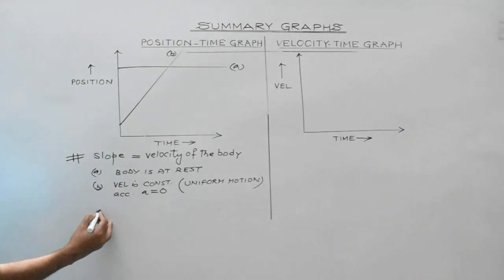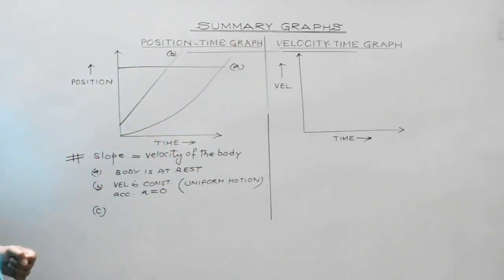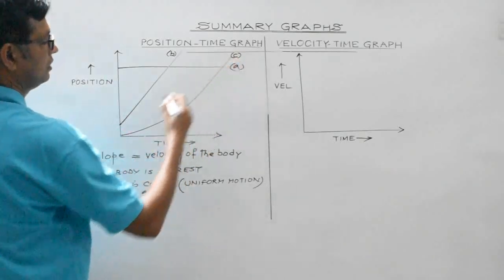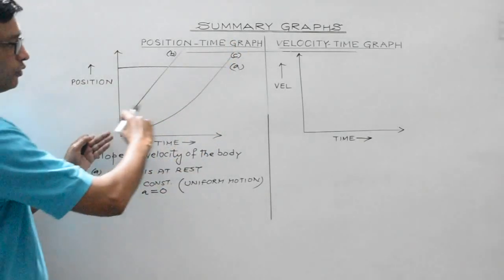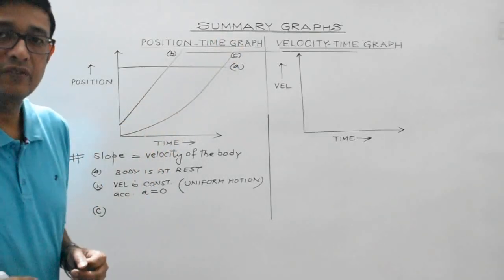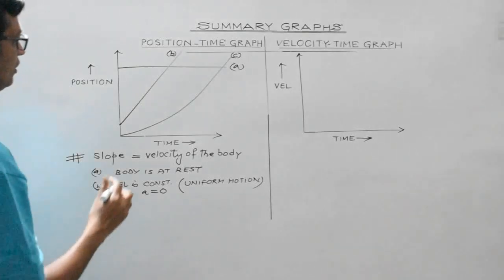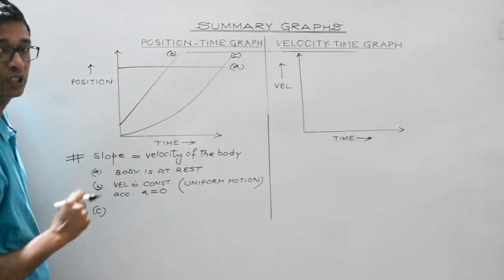Let's consider the third case. It can be like this also. Curve, right? This is suppose C. It's a curve. Now I have told you, in case of a curve, the slope is given by drawing a tangent at that particular point.